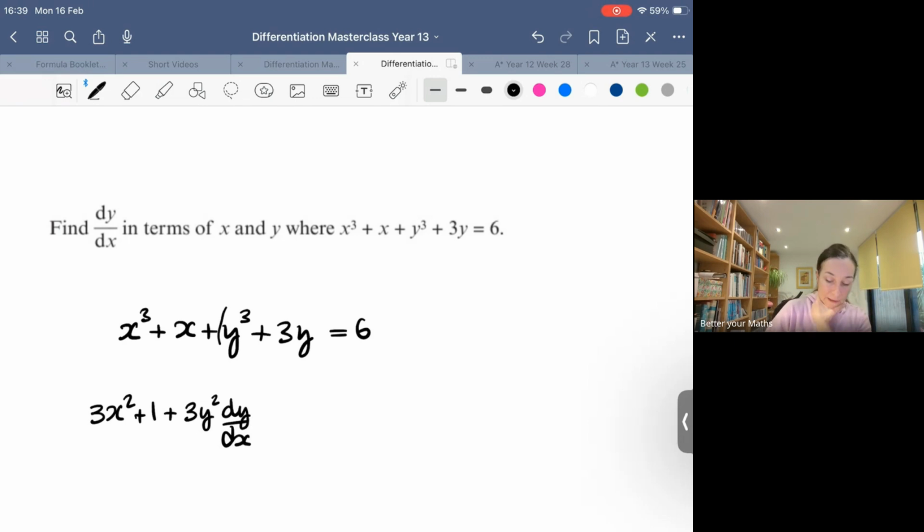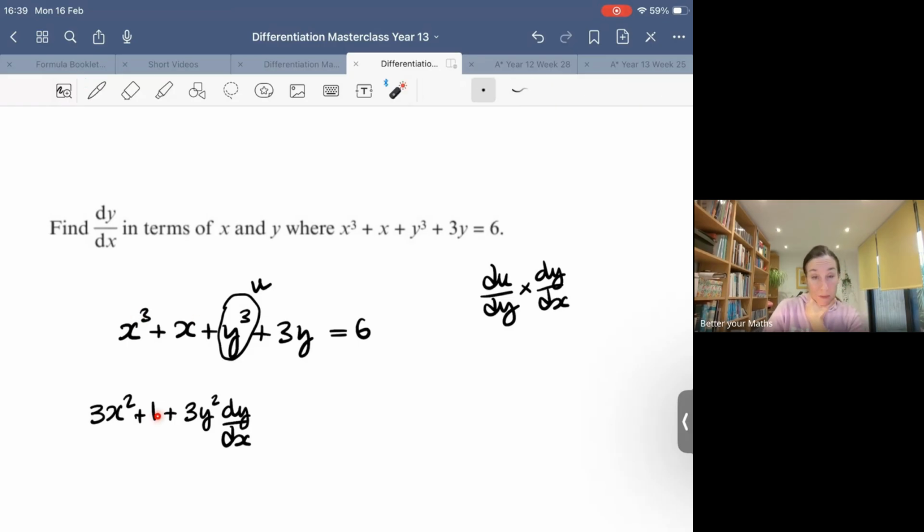This is like a function u: we do du by dy, and then dy by dx. That's what we are doing. So when we differentiate the x, completely normal. When we differentiate the y, we differentiate with respect to y, but then we add dy by dx.